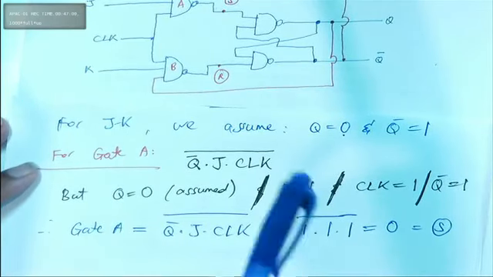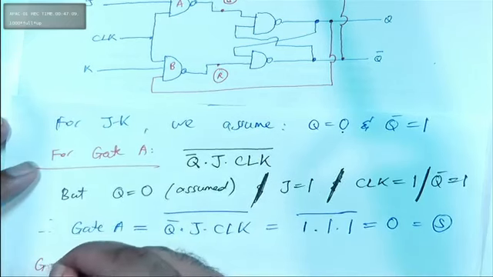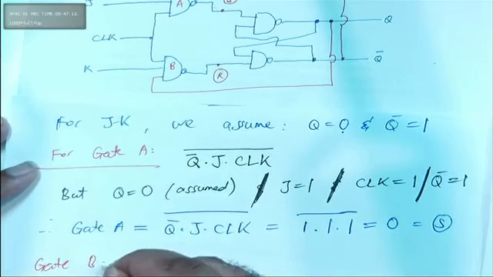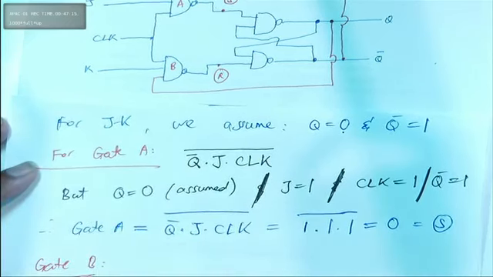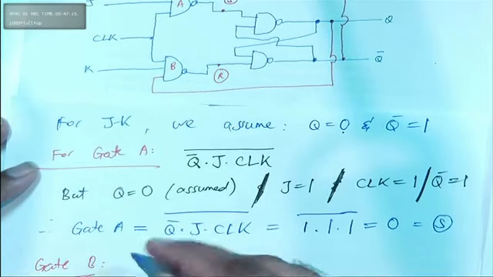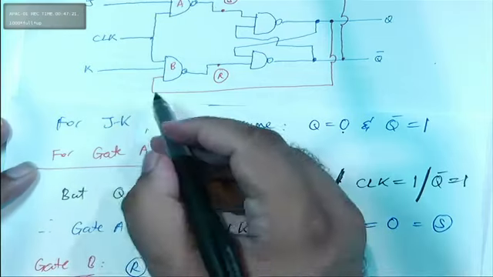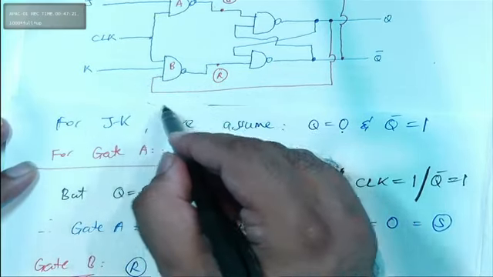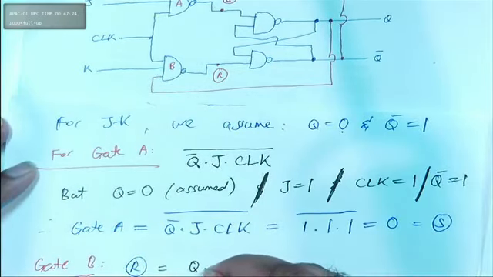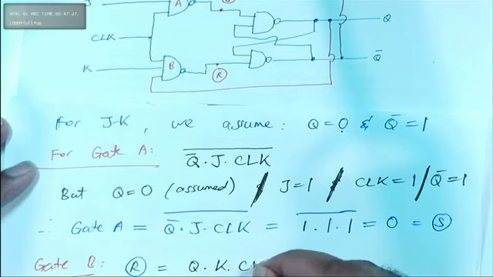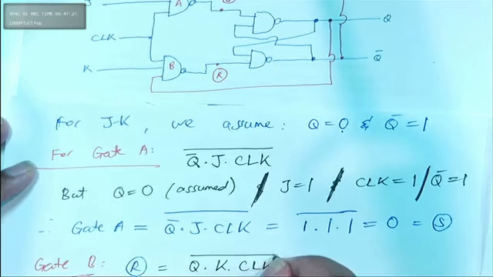Now, gate B. What is the output from gate B? Gate B is R circle. R circle is equal to what? That equals Q, K, clock, whole thing barred.